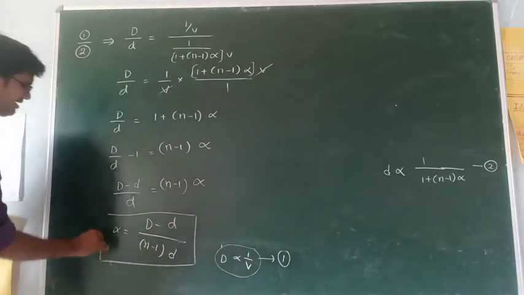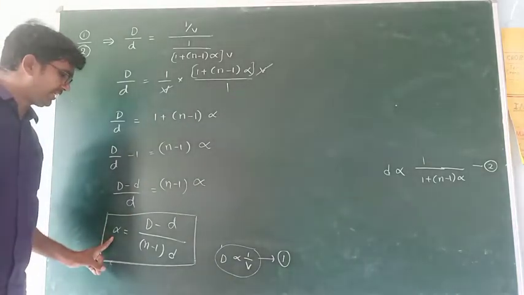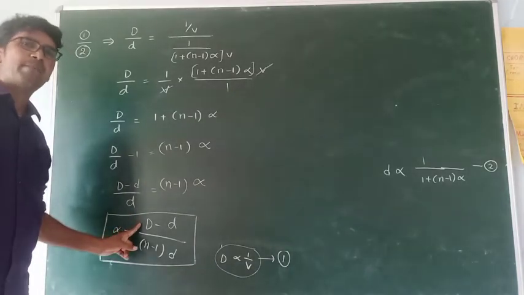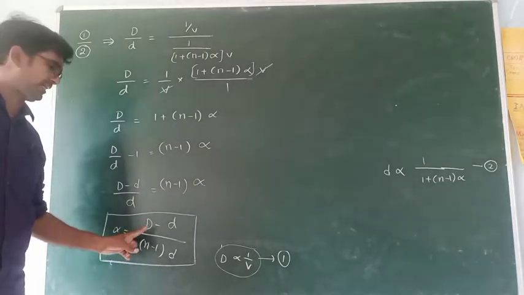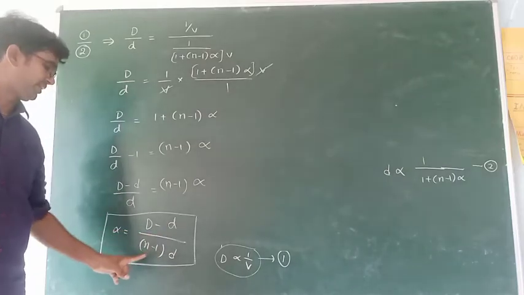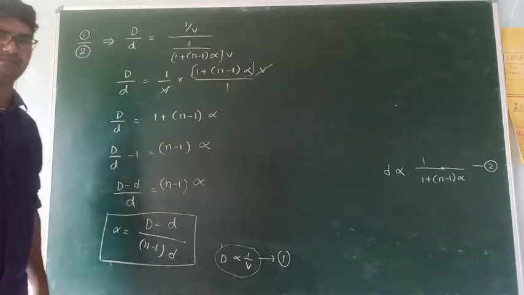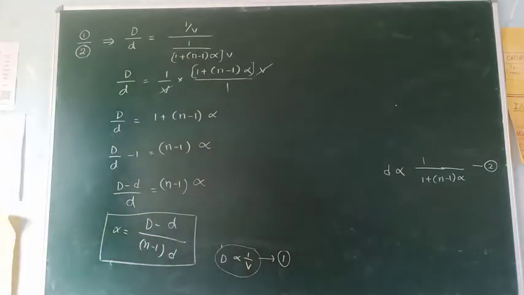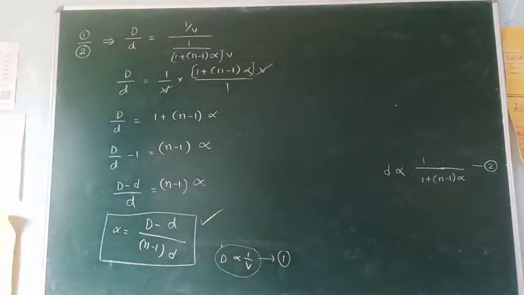This is the relation between degree of dissociation and vapor density. Capital D is the vapor density at the initial state, small d is the vapor density at the equilibrium state, where n is equal to 1, 2, 3, any possibility. This is the equation, very, very important.